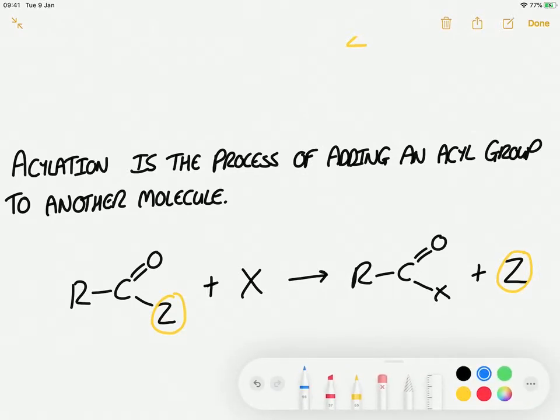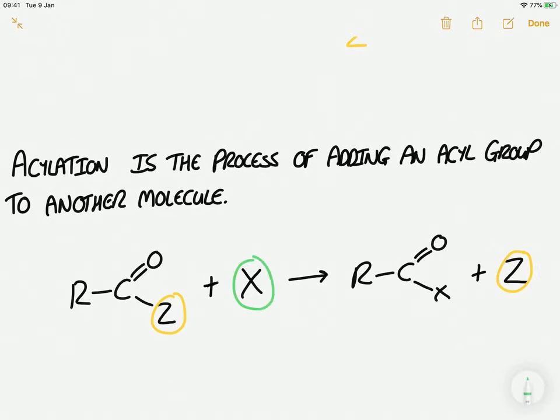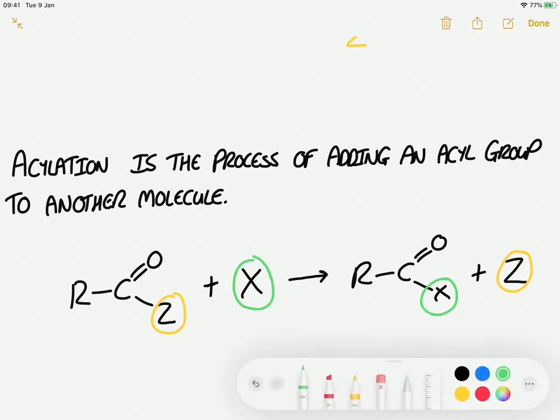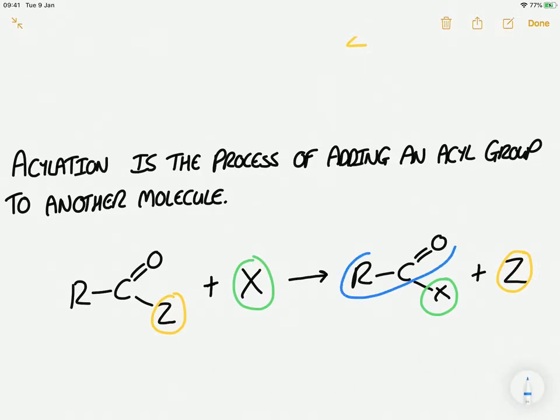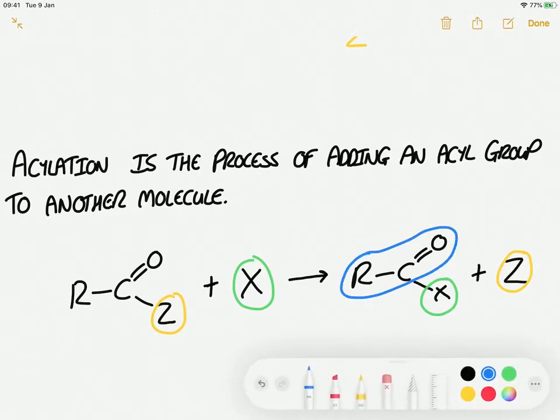X, which the acyl group was not attached to before, is now attached to the acyl group. So we say that X has been acylated. We've added an acyl group to it. And that's generally what this is all about, transferring this portion of a molecule around. Because remember, that bit is the acyl group, RCO.